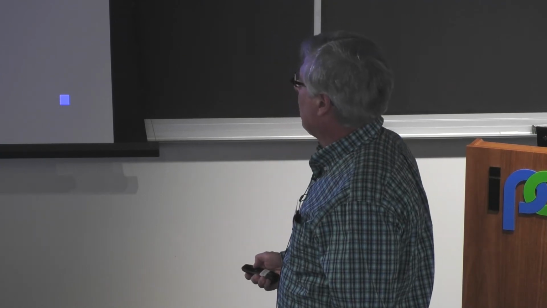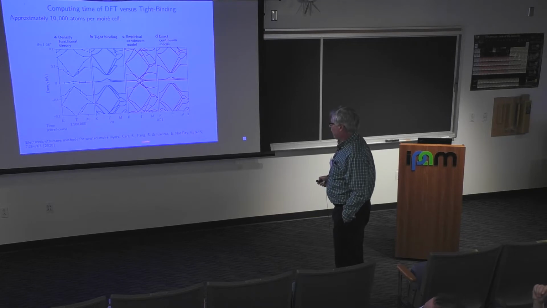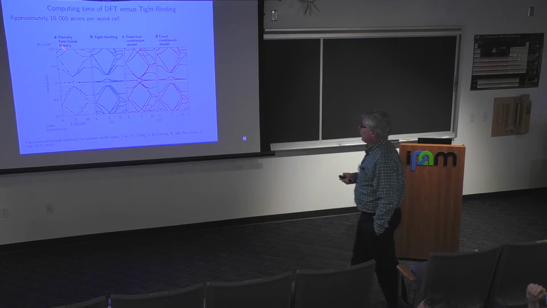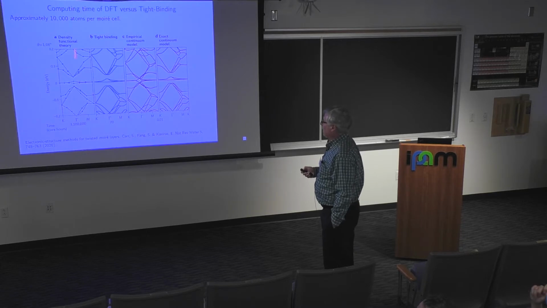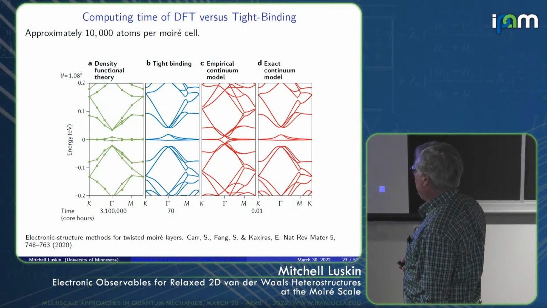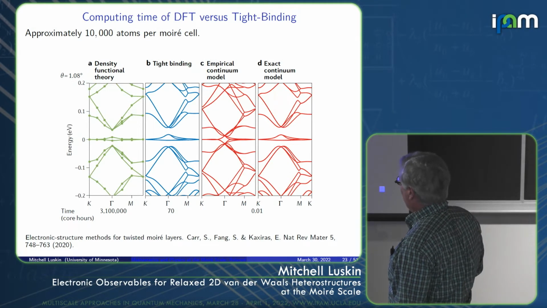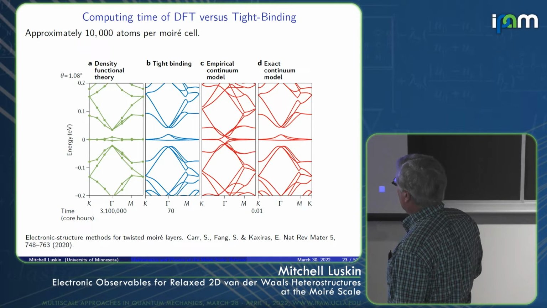Now I got this from a review article by Stephen Carr. What they reported are the results of a DFT calculation. They reported 3 million core hours to do this band structure.